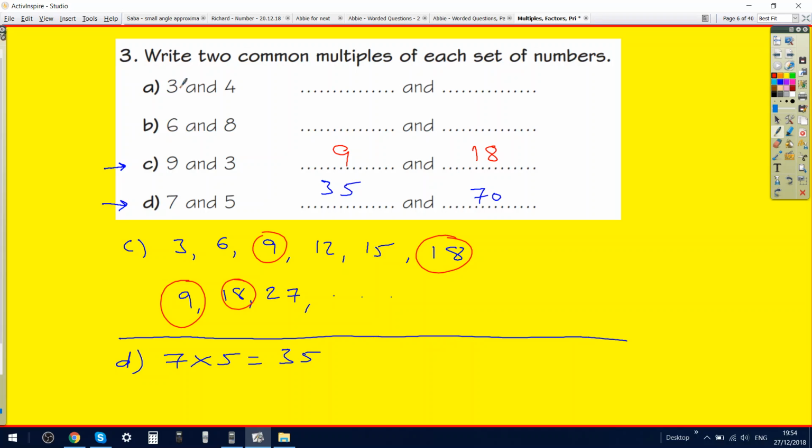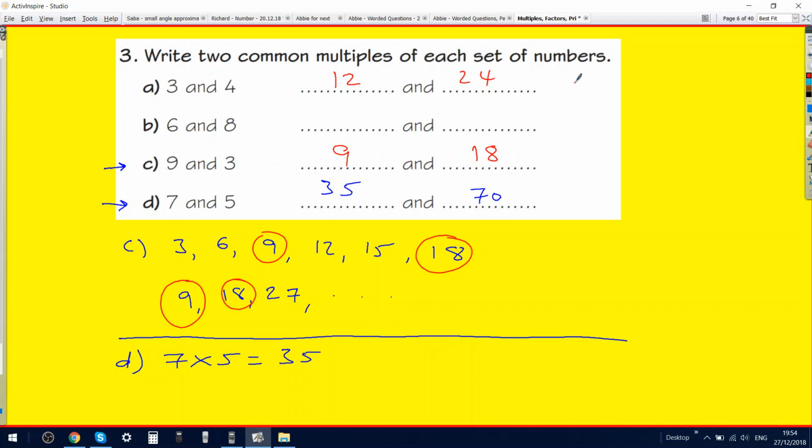Okay, how about part A? Part A. So like 2 to 1 multiples of each set of numbers. So 3 and 4. Well, 3 times 4 is 12. And 12 doubled is 24.